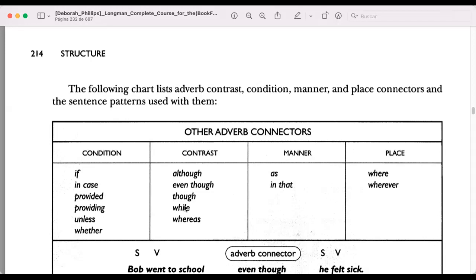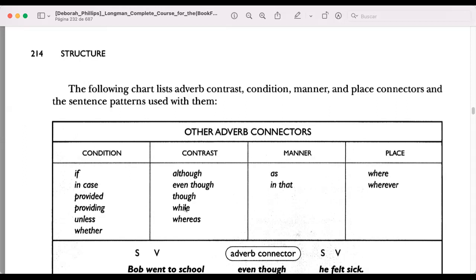Sometimes it's difficult to remember this list of other connectors, but try to put it in your mind to recognize these kinds of connectors. Condition: if, in case, providing, unless, whether. Contrast: although, even though, while, whereas. Manner: as, in that. And place, we have the last two.